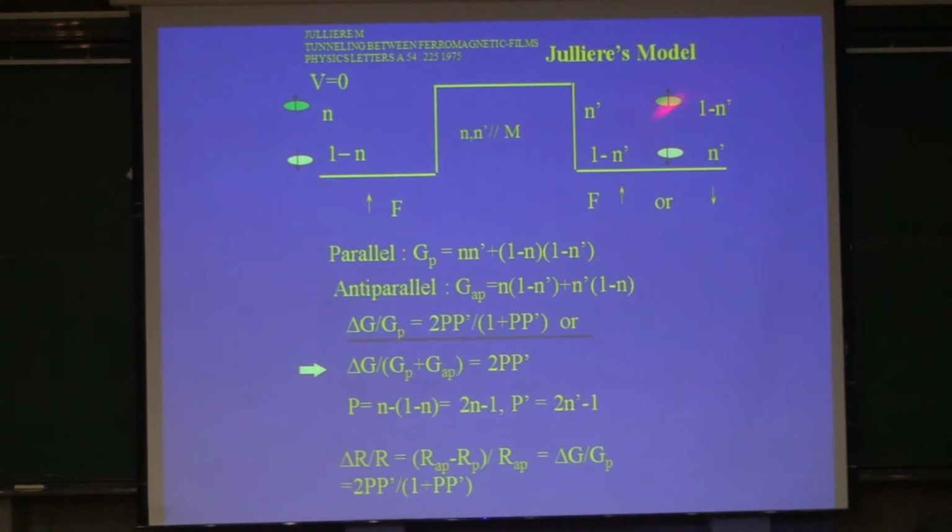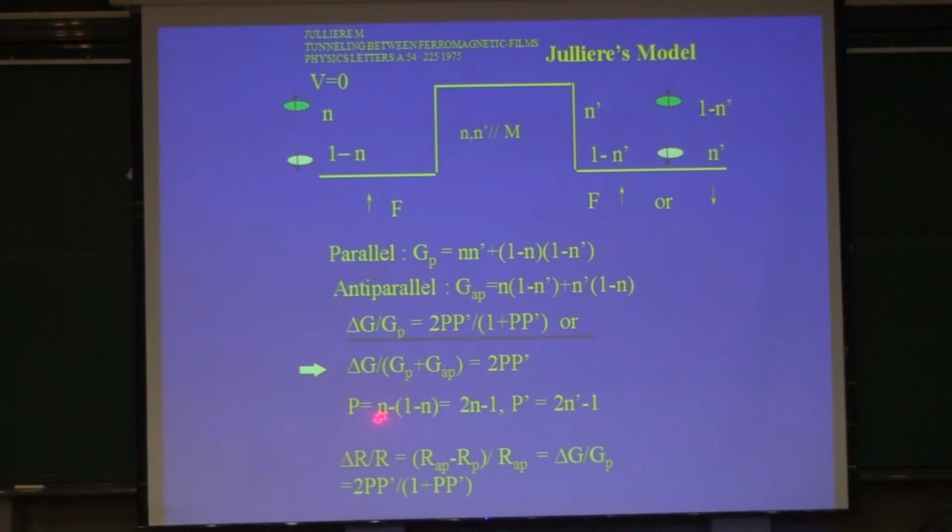So in the parallel state, the tunneling conductance is proportional to majority to majority plus minority to minority. In the antiparallel state, it is majority to minority and minority to majority. The difference gives you this.